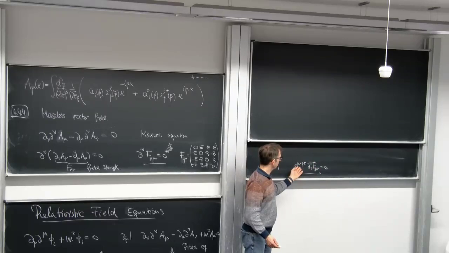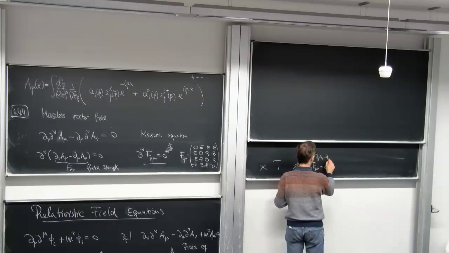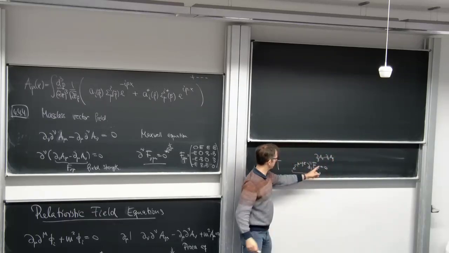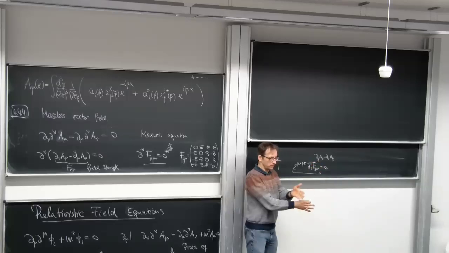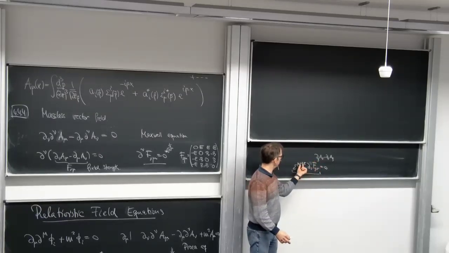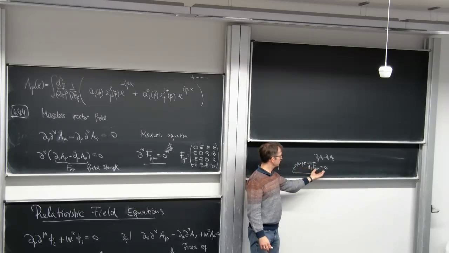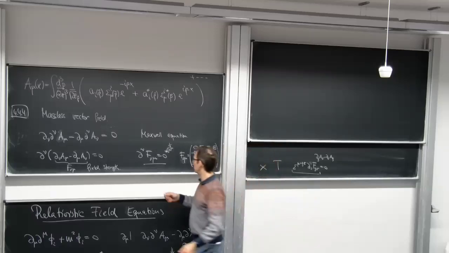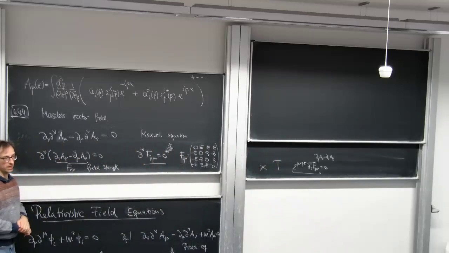But since the F is d rho A sigma minus d sigma A rho, that is actually zero. Why? Because now you have two derivatives, and the two derivatives commute, but they are connected to an antisymmetric epsilon, and therefore this is zero. So these homogeneous equations just tell us that your F was originally expressed in terms of this A.